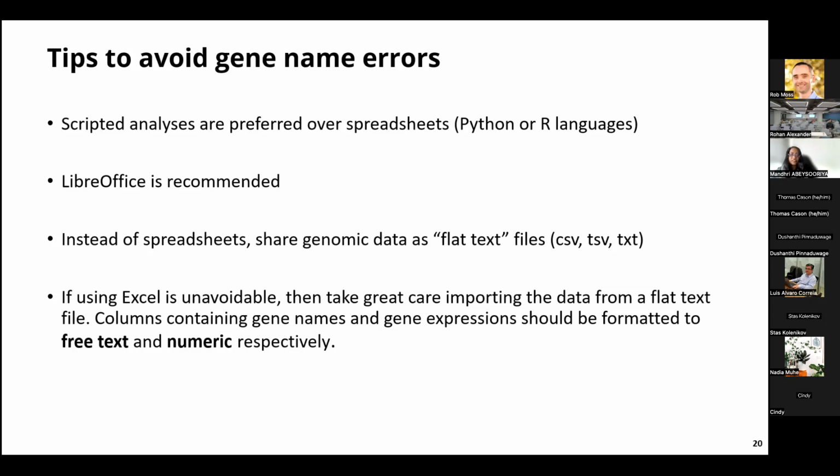If using Excel is unavoidable, then please take care in importing data from flat text files. You can sort the columns of each dataset before importing. For example, columns that contain gene names should be formatted as free text and gene expressions as numeric.